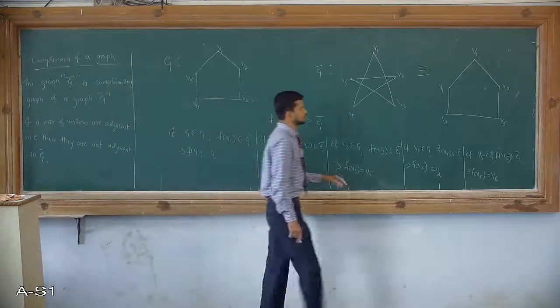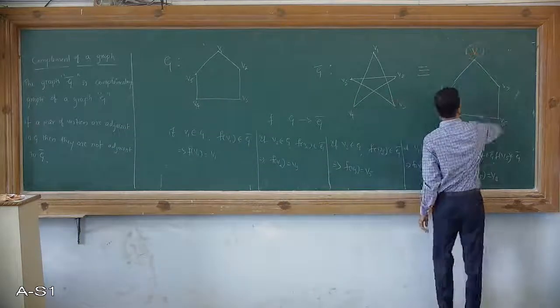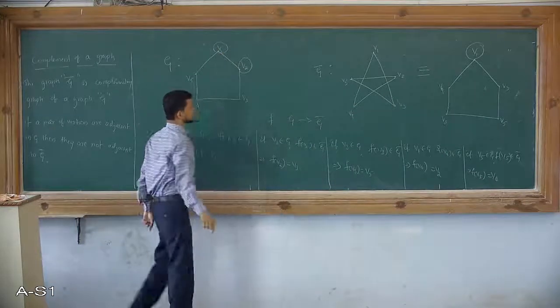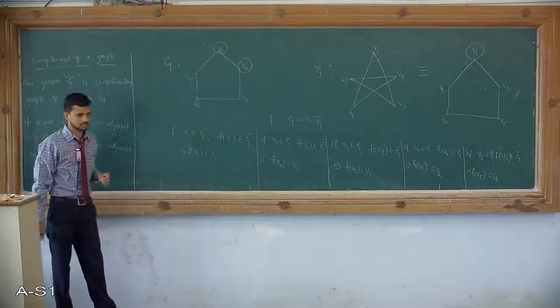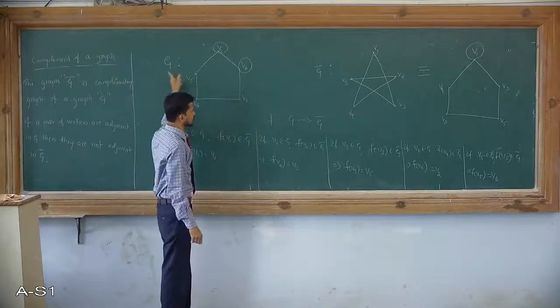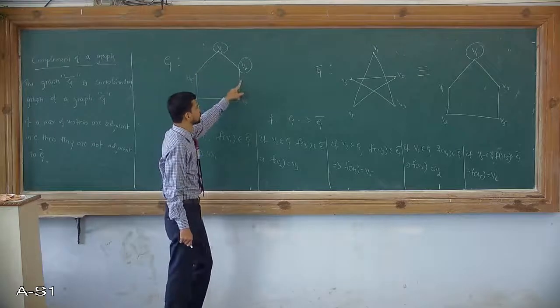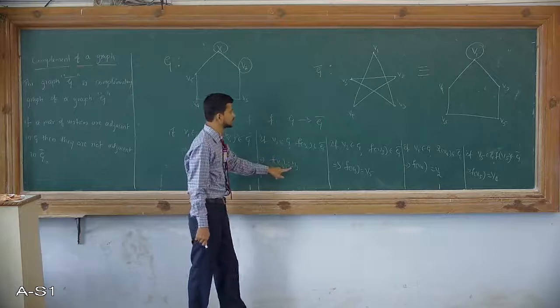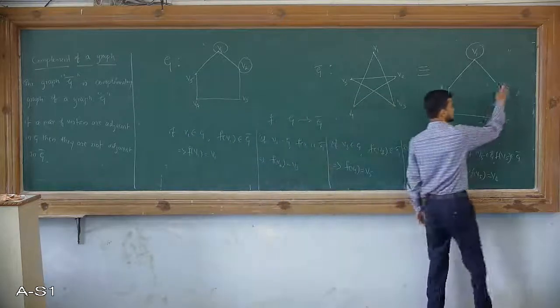So I am considering here V1 and V2. Now I will take V2 in graph G. What is f of V2 in graph G bar? It is V3.